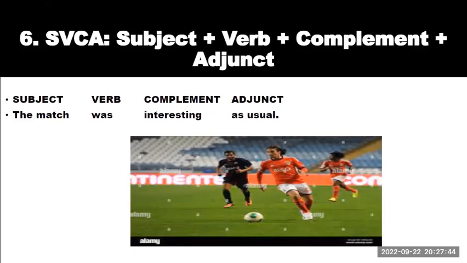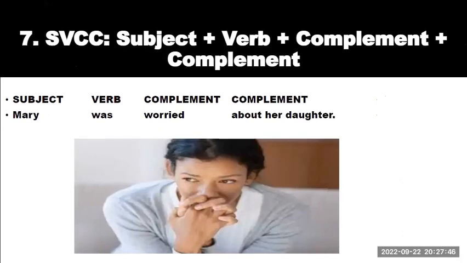So let's look at the next structure of the sentence, which is number 7, SVCC. A sentence with the SVCC structure contains 4 parts: subject plus verb plus complement plus complement. So we have 2 complements here.